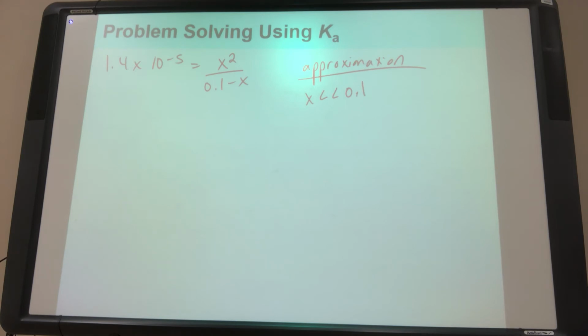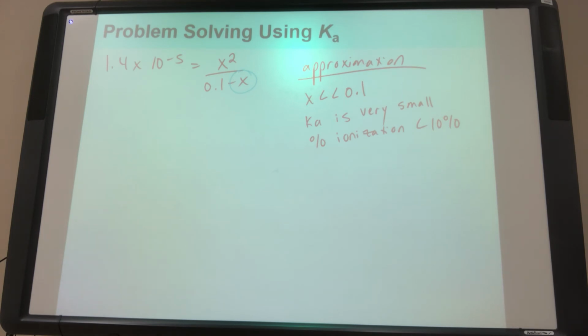We don't know that until we solve it. Ka is very small. And my percent ionization is less than 10%. Those are my criteria. If I meet these criteria, I can then ignore this x, which simplifies my work a lot.